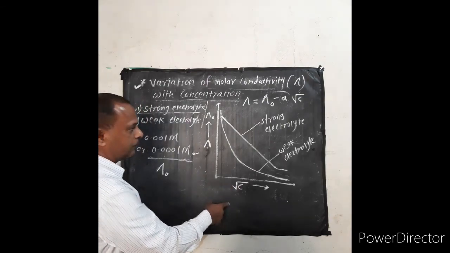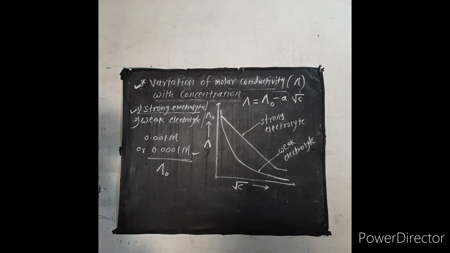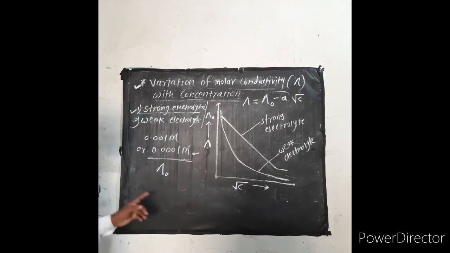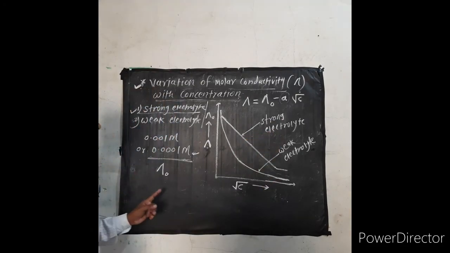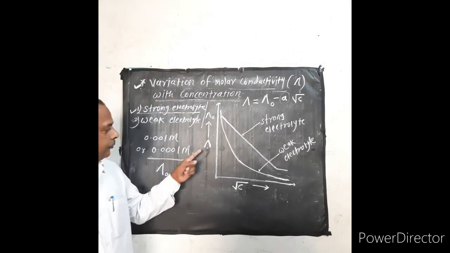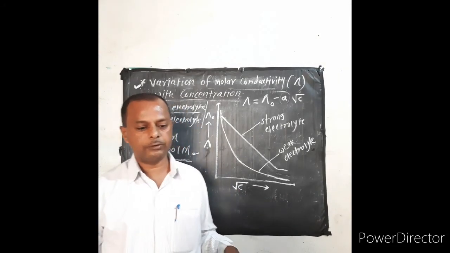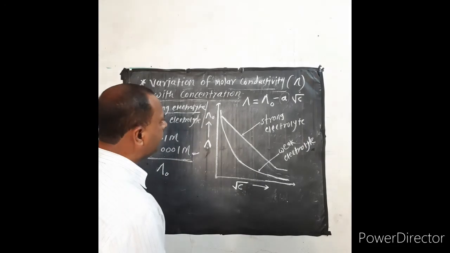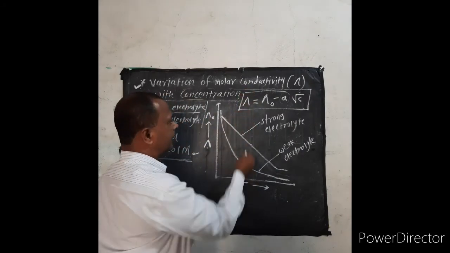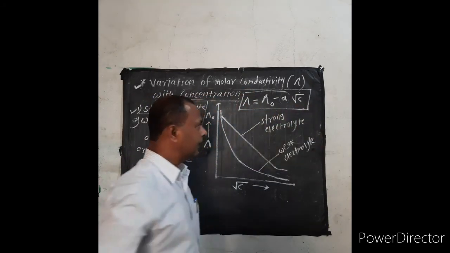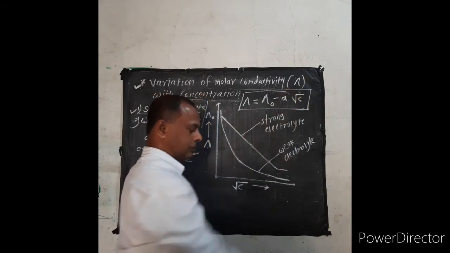If you observe this graph, we get a linear curve for the strong electrolyte. Kohlrausch also obtained the equation lambda equals lambda naught minus A into square root of C, where A is a constant.